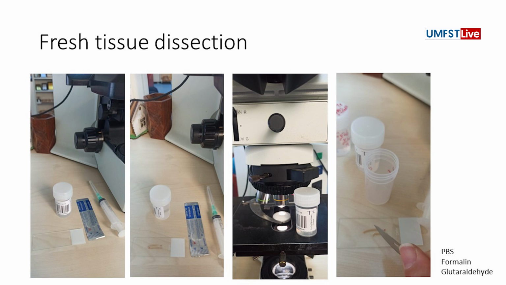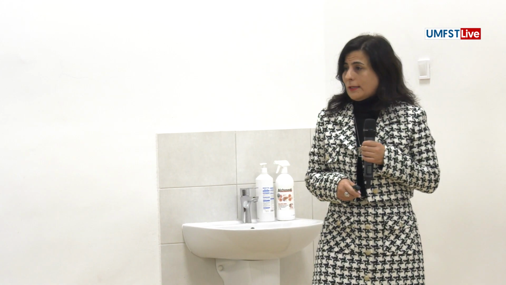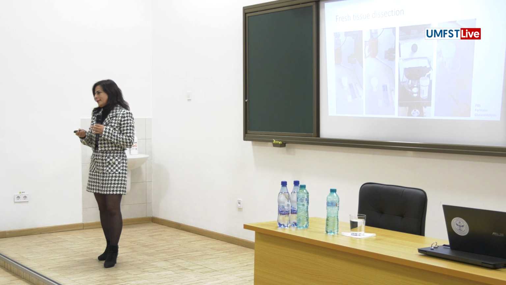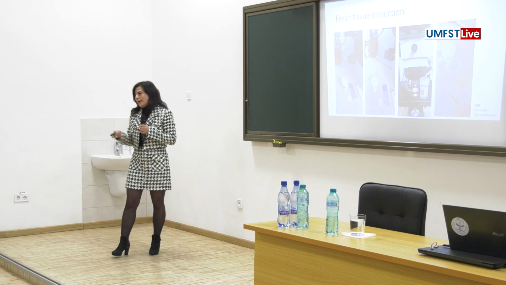We put the fresh tissue here and look under the microscope and count. According to the pre-diagnosis, we prefer six to ten glomeruli for light microscopy from the fresh tissue. But if they are thinking FSGS, focal segmental glomerulosclerosis, we need a bit more, but it's up to the clinical situation of the patient.